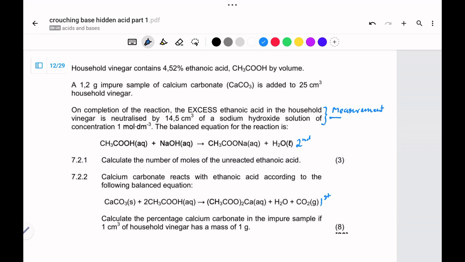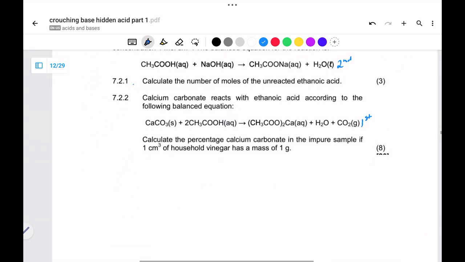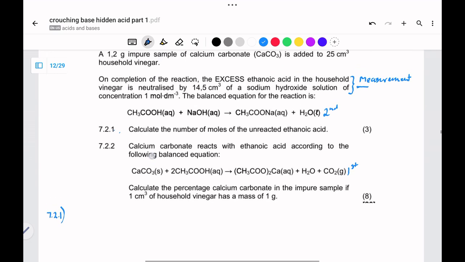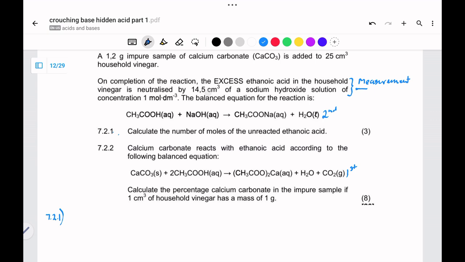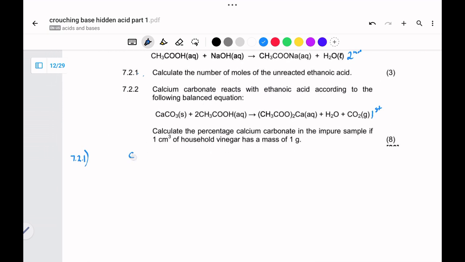Actually, you know what? First, let's do 7.2.1 before we get too far ahead of ourselves, and then we realize that we need to do this first. The number of moles of unreacted ethanoic acid, that's leftover acid. And how are we going to get that? Well, they gave us a concentration and a volume for the sodium hydroxide. So we're simply going to calculate the moles of sodium hydroxide and then use the mole ratio.